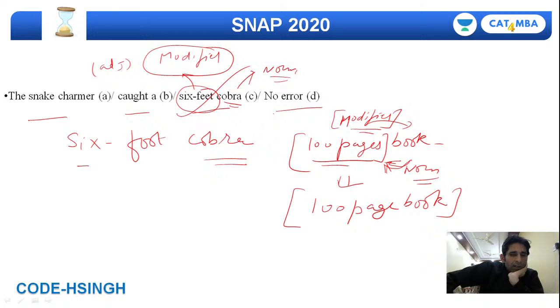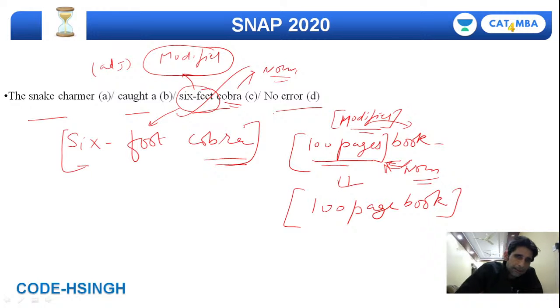A noun modifier is mostly an adjective, and obviously the adjectives cannot be pluralized. You can pluralize the main noun, that is cobra, but then you have to keep the noun modifier in singular, so it becomes 6 foot cobra.